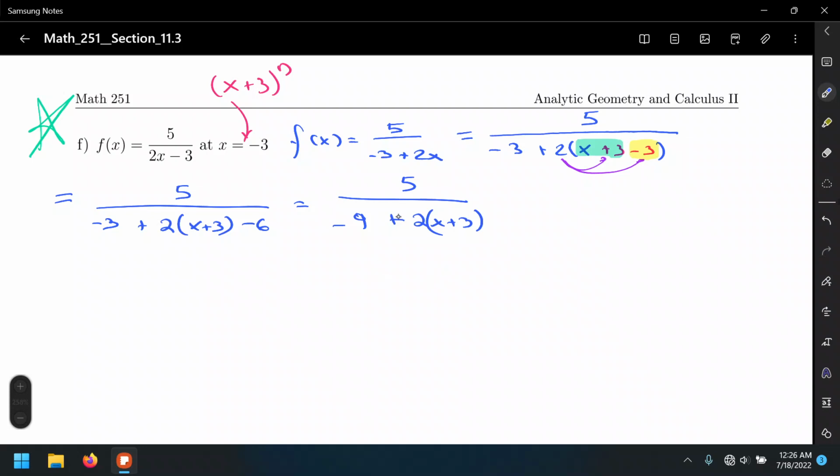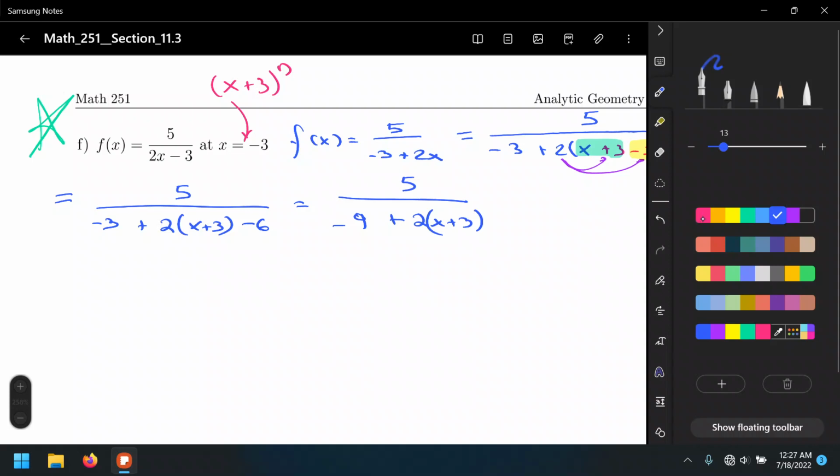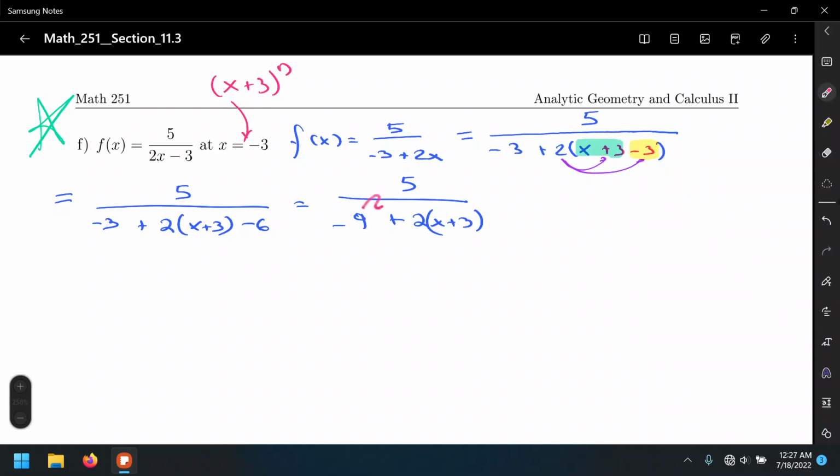We need to do two things here. What I'm going to do is divide numerator and denominator by negative 9, because this negative 9 should be a 1.